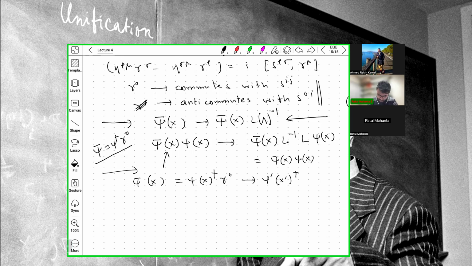Every quantity I am taking is the Lorentz transformed one, and this is psi x dagger, L lambda dagger, gamma 0. I will prove it for infinitesimal Lorentz transformations, for small omega.